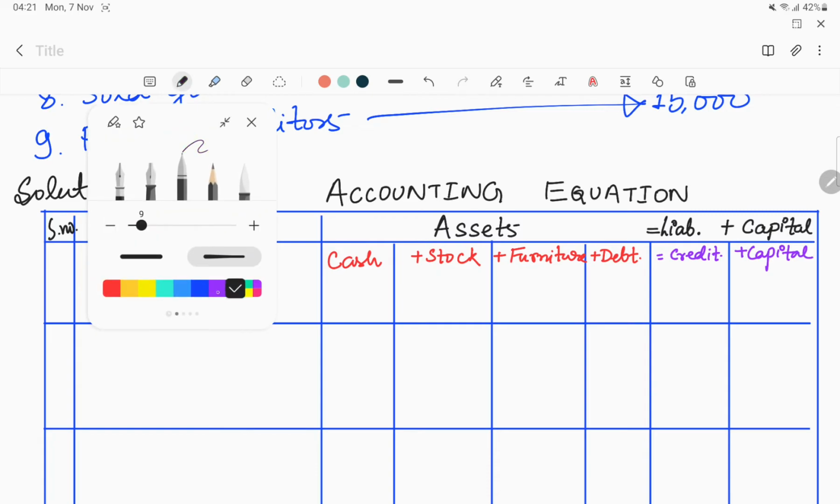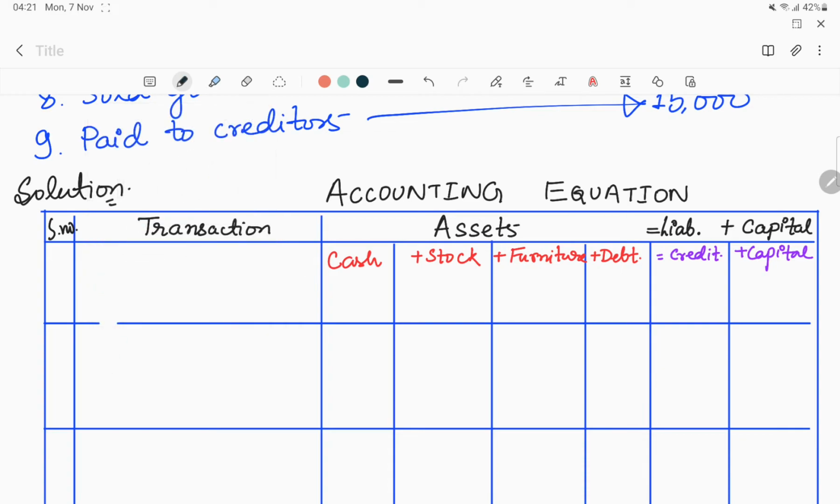So the first transaction is that Mukesh started business with cash of rupees 80,000.